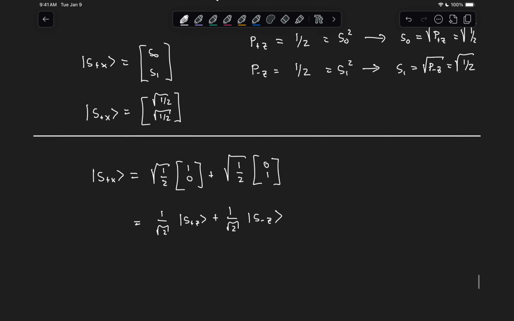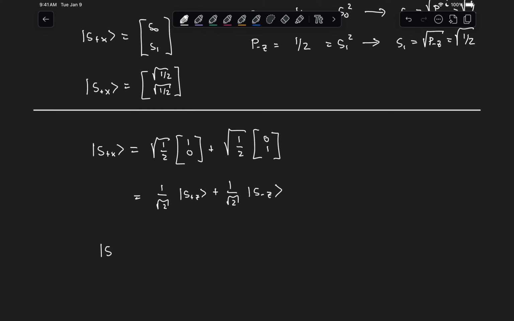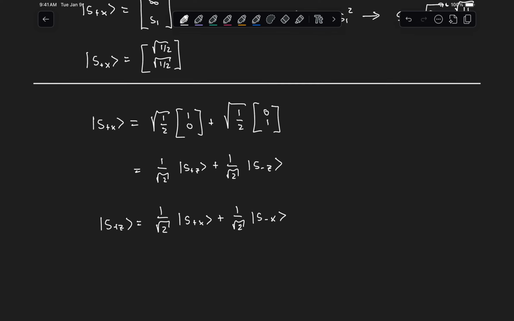And then we said that by symmetry, we should be able to express the spin along the plus z direction as the sum of 1 over square root of 2 of the spin in the plus x direction plus 1 over square root of 2 of the spin in the minus x direction. With this, we can find out what the vector for the spin in the minus x direction should be.